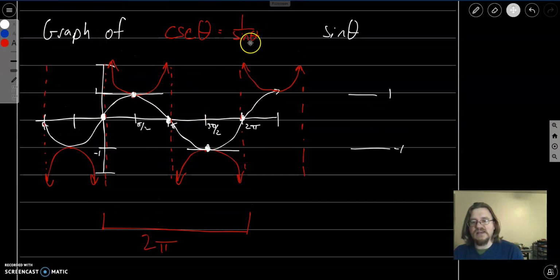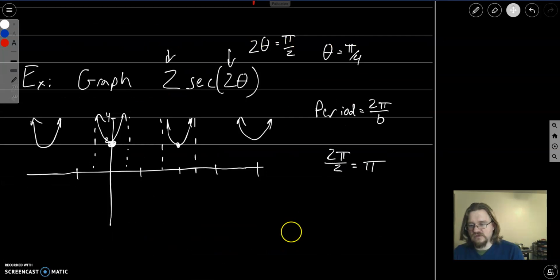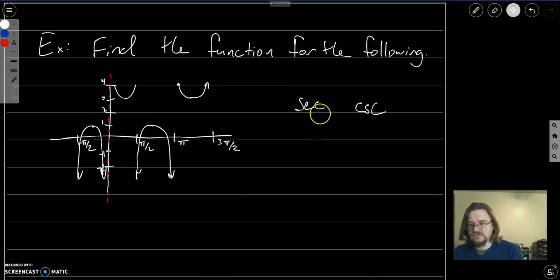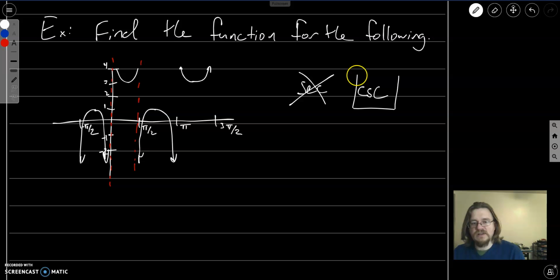And this is because the sine of 0 is 0. Can't divide by 0, so we have an asymptote there. So scrolling all the way back down here, since we have an asymptote at 0, we know that this is not going to be the secant, but it is going to be the cosecant.